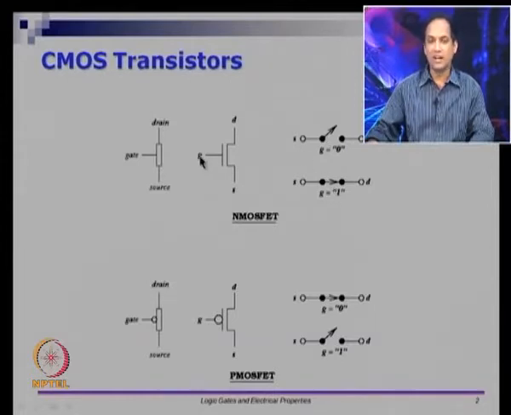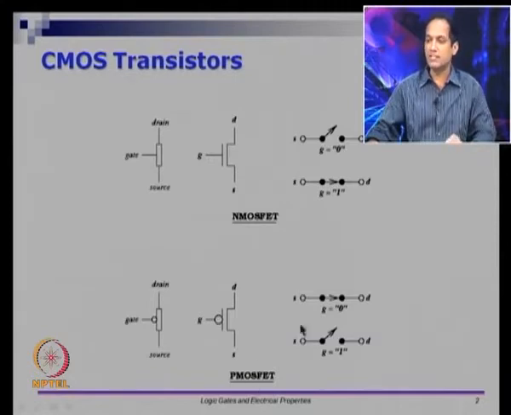If I apply a voltage equivalent to 0, G equals 0, at the gate terminal, then the switch is open or non-conducting, so any voltage that you place at S will not be seen at D. However, if you apply gate voltage 1, then the switch is closed, or conducting, and any voltage that you place at S will be seen at D. So you have source and drain, which are the 2 terminals between which you want the voltage relationship to be captured, and a gate terminal which controls whether D follows S or not. This is the deal with the NMOS transistor.